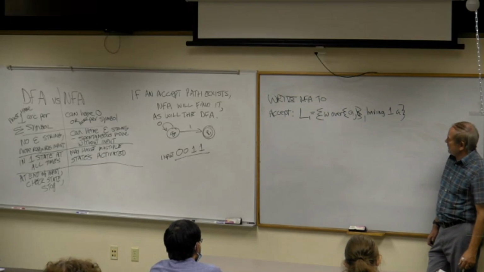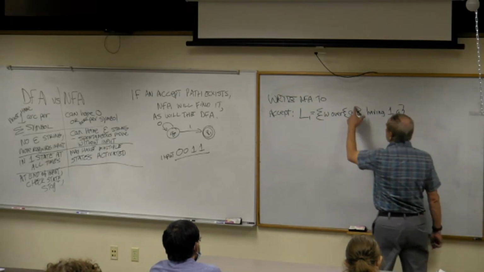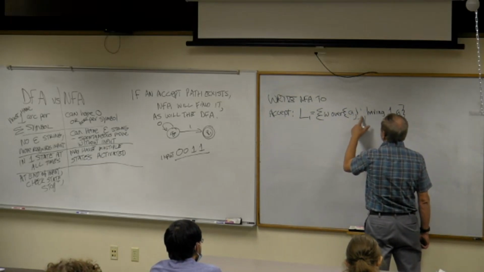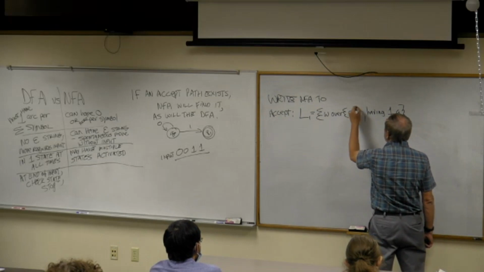The alphabet is A, comma B, and we're saying we have exactly one A.